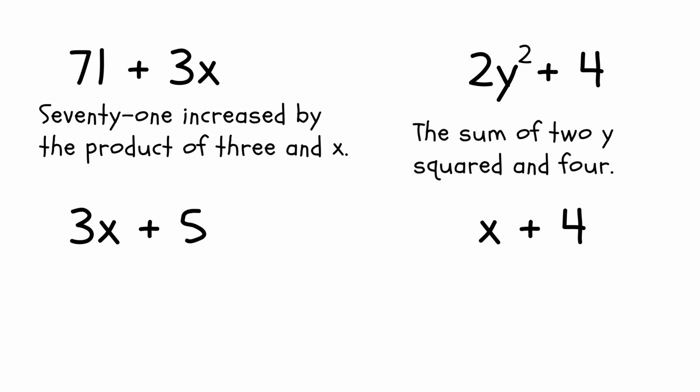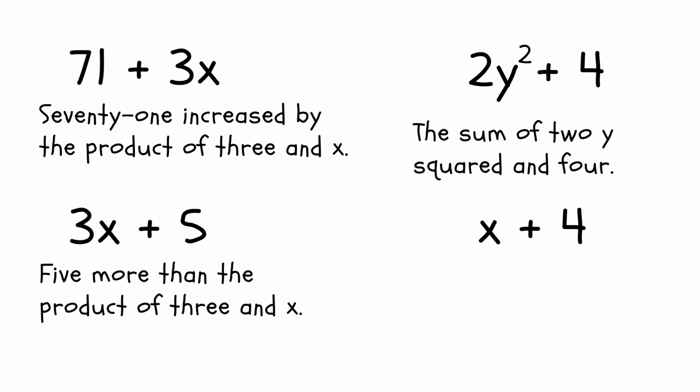For 3x plus 5, we would express this as 5 more than the product of 3 and x. Lastly, x plus 4 can be written as 4 more than a number. These are common ways to word expressions involving addition: increased by, sum of, and more than.